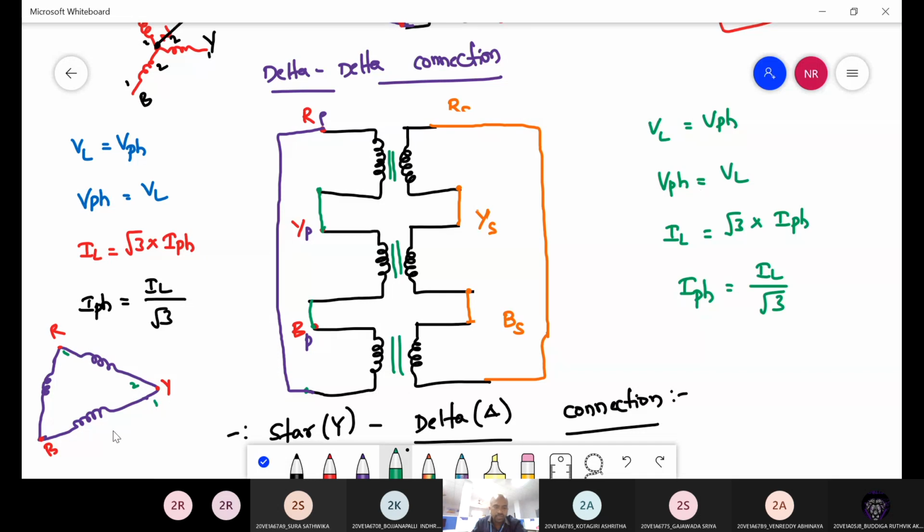Y, one end, second end. B winding, one end, second end. Right? So this is delta. Now R phase first end, second end. Y phase first end, second end. B phase first end, second end. See here, R phase second end is connected to the B phase first end.